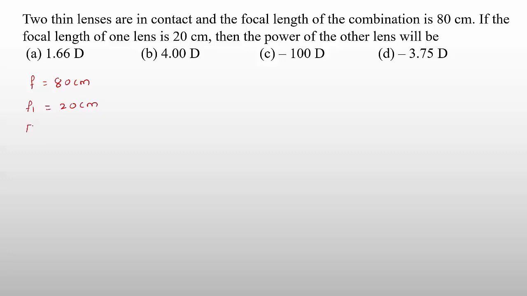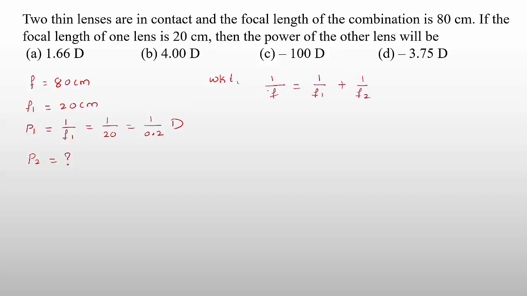That means we know the P1 value, because P equal to 1 by F1. So 1 by F1 means we will get 1 by 20 centimeter, or we can write it as 0.2 diopter. This is the P1 value. Similarly, we have to calculate the P2 value, right? Or we can directly use the equation 1 by F equal to 1 by F1 plus 1 by F2.